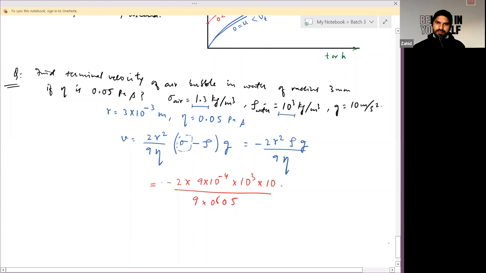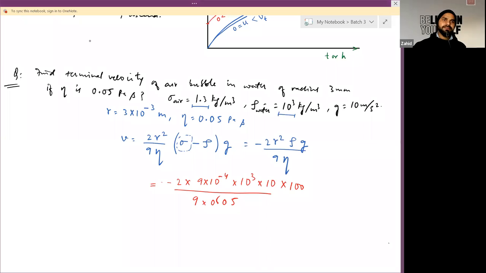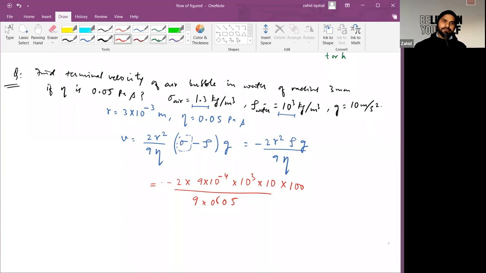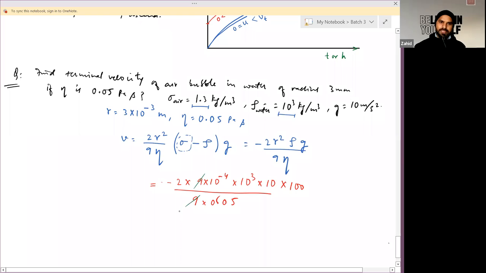So just remove this decimal to put 100. Now this 9 and 9 will cancel out. We have minus 4 plus 3 plus 1, so you're left with this 5.